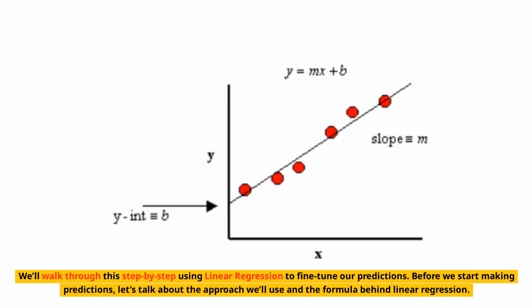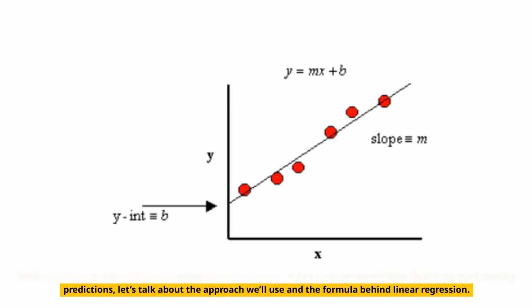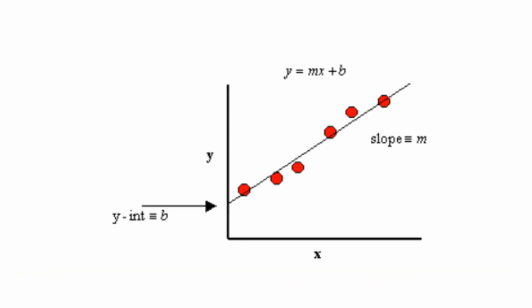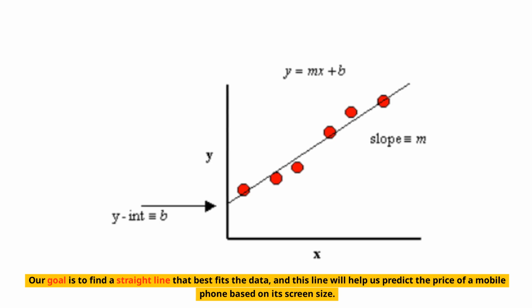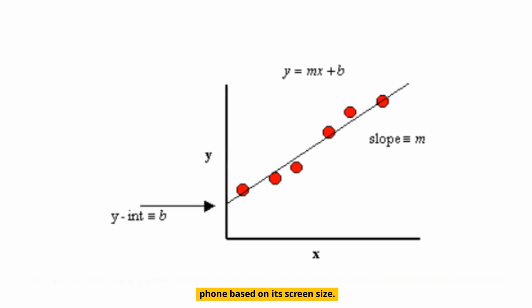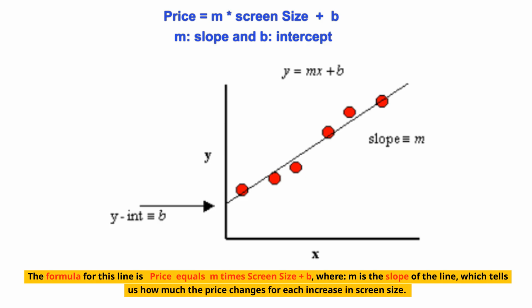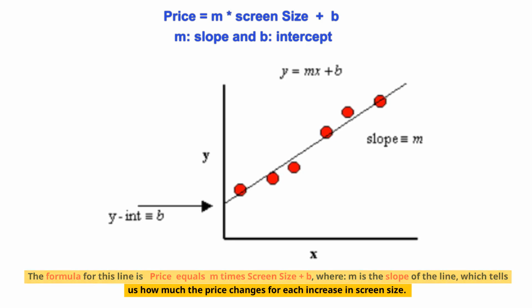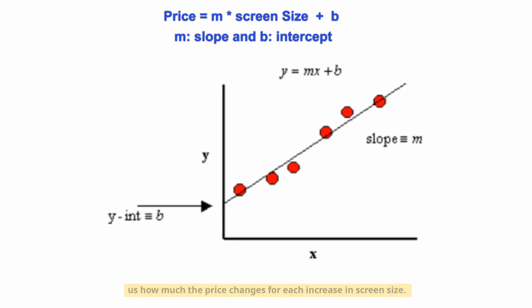Before we start making predictions, let's talk about the approach we'll use and the formula behind linear regression. Our goal is to find a straight line that best fits the data, and this line will help us predict the price of a mobile phone based on its screen size. The formula for this line is price equals m times screen size plus b, where m is the slope of the line, which tells us how much the price changes for each increase in screen size.